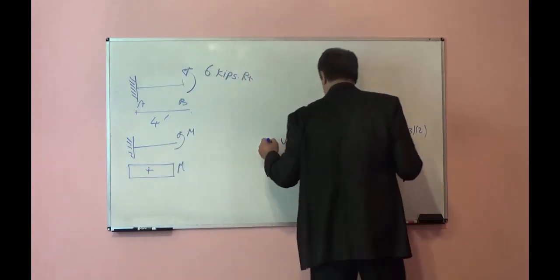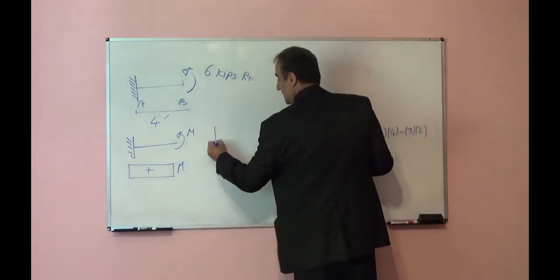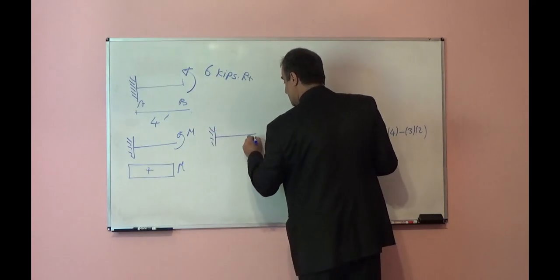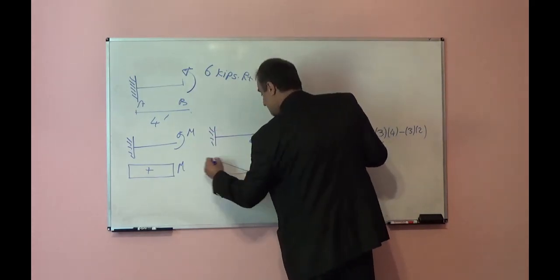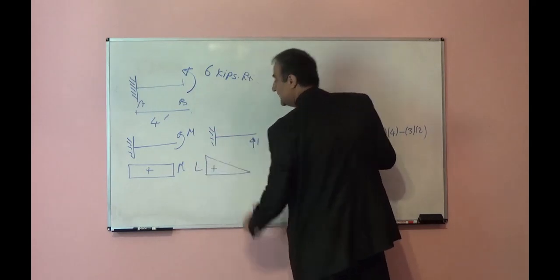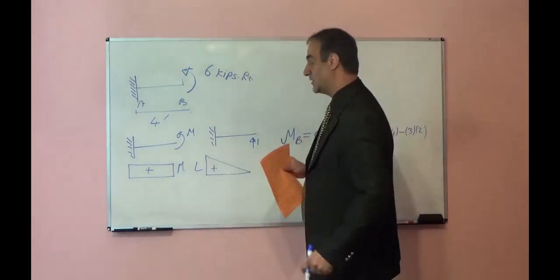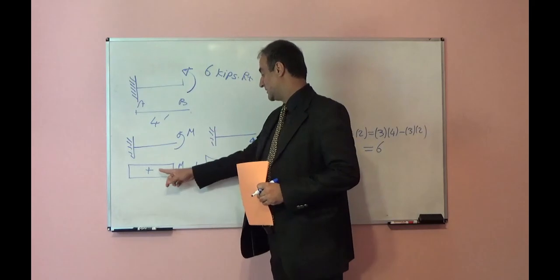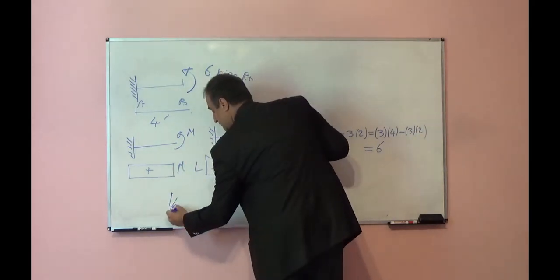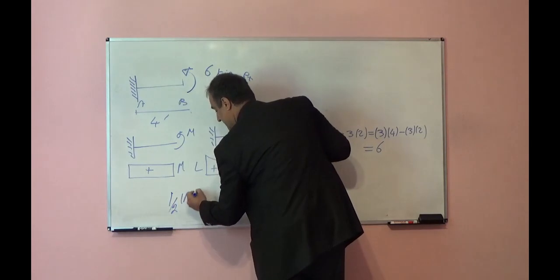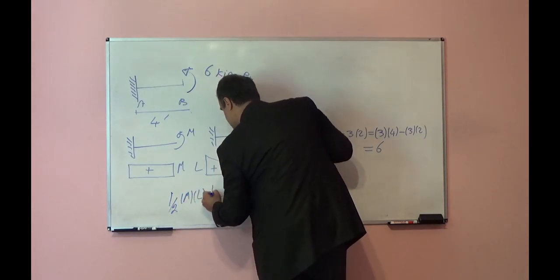I want to find the deflection at point B, so I will apply a unit load here. What will the moment diagram be? It will be L. From the integration table, rectangular times triangle, the coefficient is 1 over 2, M times L over EI.